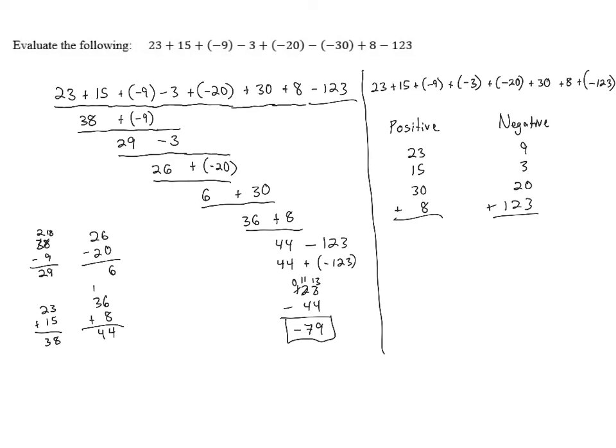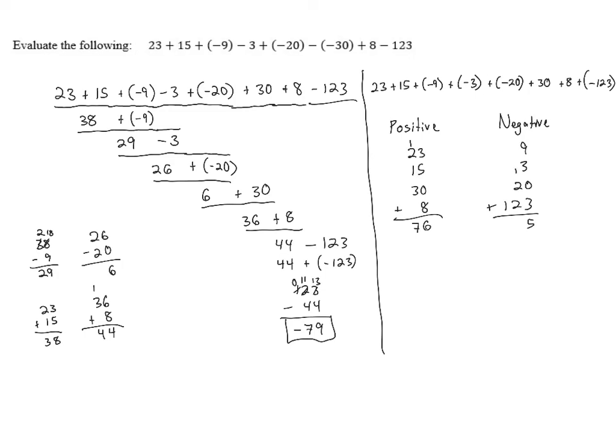Let's look at the positives. 3 plus 5 plus 0 plus 8 gives us 16, I think. So we carry the 1, and then 1 plus 2 plus 1 plus 3 gives us 7. So we've got 76 there. Let's look at the negatives. 9 plus 3 plus 0 plus 3 is 15.